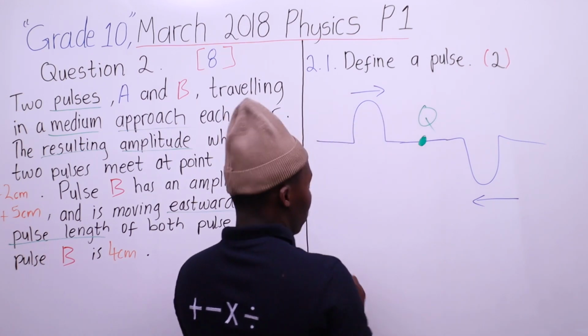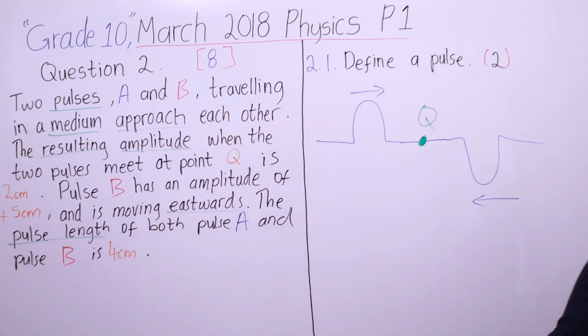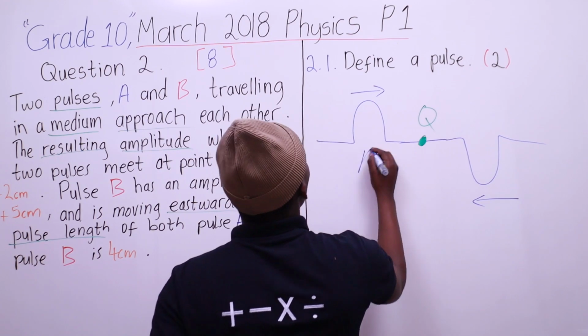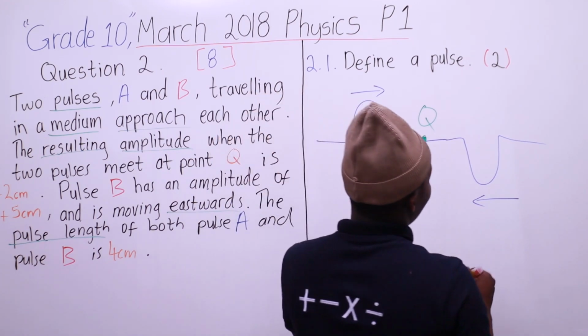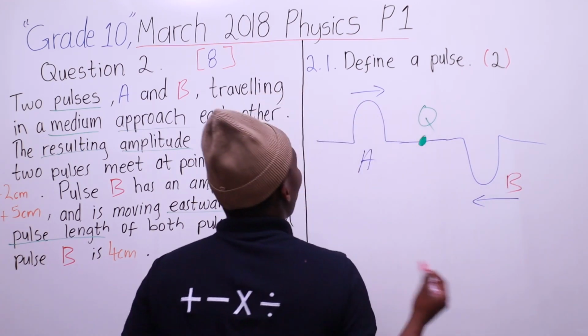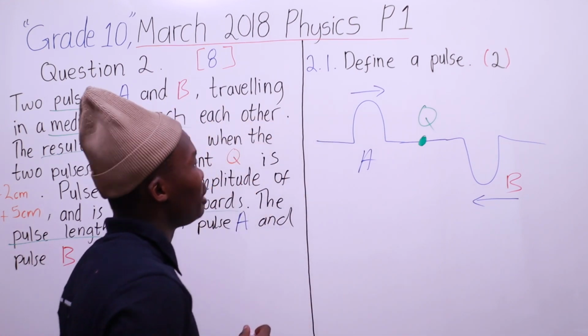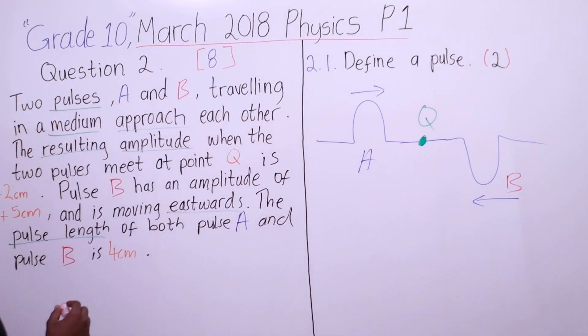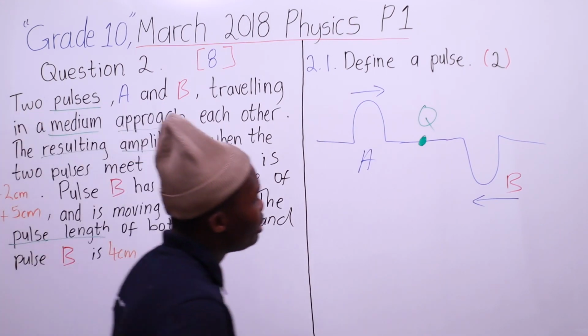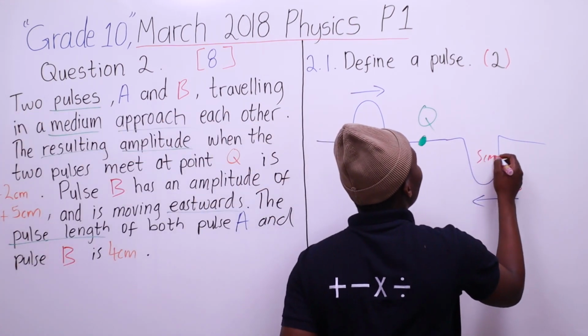Which means when they meet, this one and that one. So this is A, and this is B. So when they meet, the resulting amplitude is 2. Then they say pulse B has an amplitude of 5 centimeters. B is 5 centimeters.